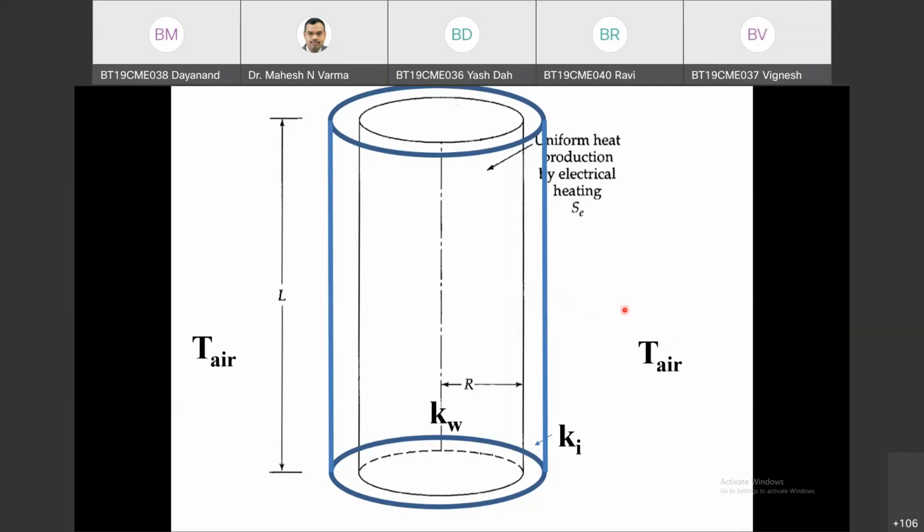Wire temperature can be assumed at T naught. Okay, here you will assume T naught. Then how is T naught related with TA? T naught will be related to the temperature on the insulated material with Newton's law of cooling. Here, how can this T naught be related using Newton's law of cooling?